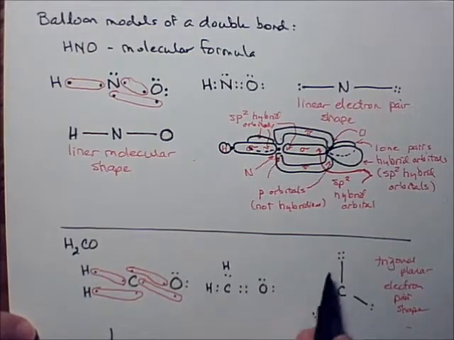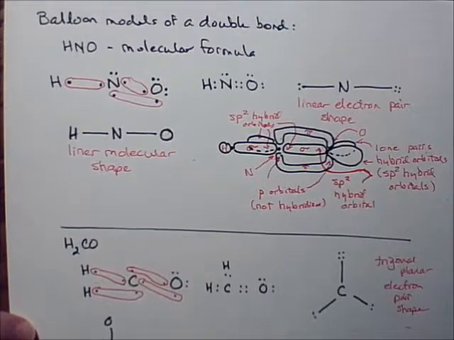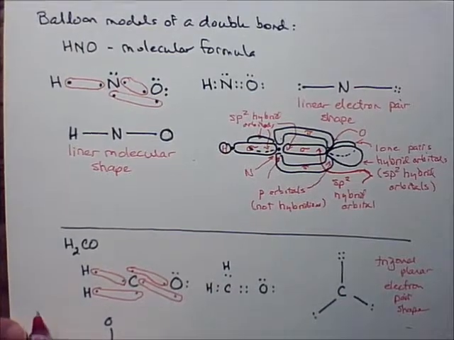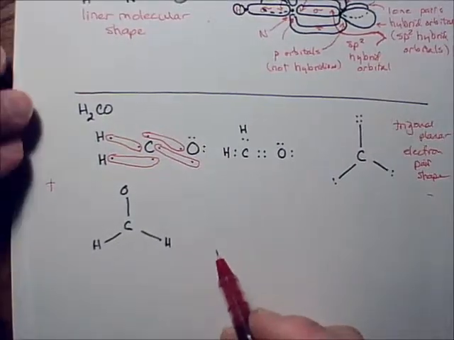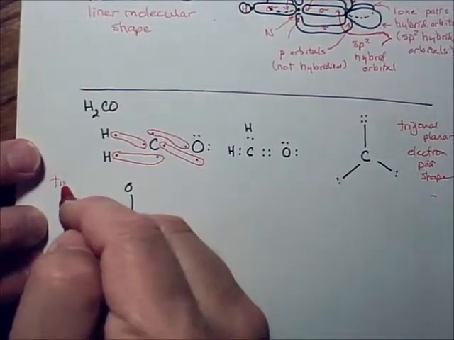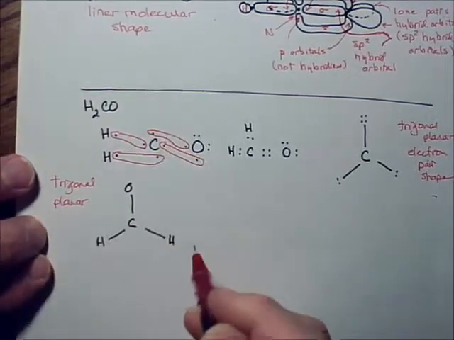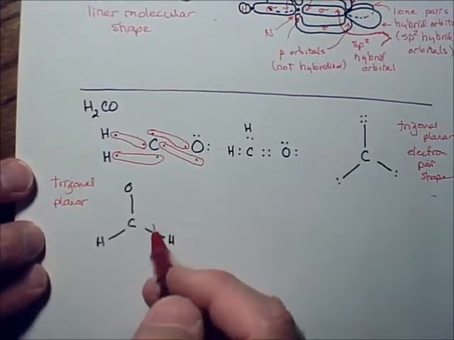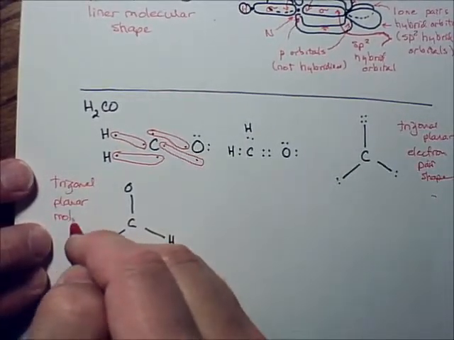We're going to have oxygen on the double set, so oxygen's got to go up here this time. Hydrogen's over here, and hydrogen's over here. We haven't changed the geometry. This geometry and this geometry look the same. So this is still trigonal planar. But now, since we don't have any electron pairs left over anywhere, this is the molecular shape.